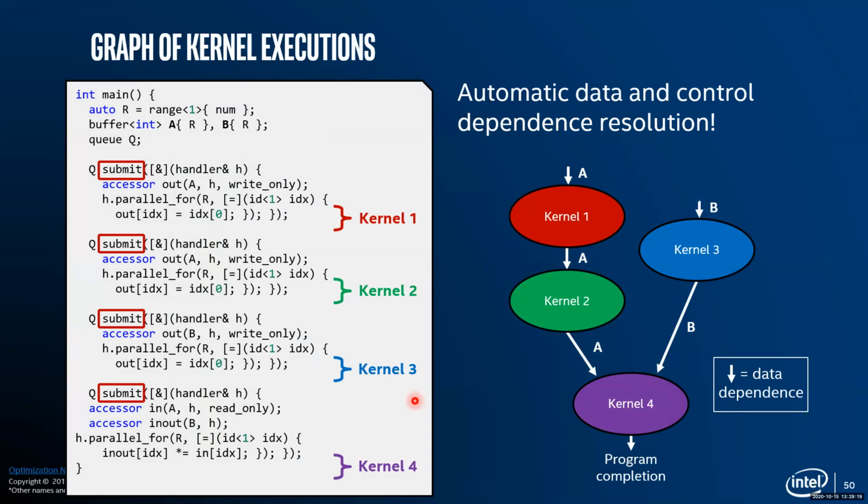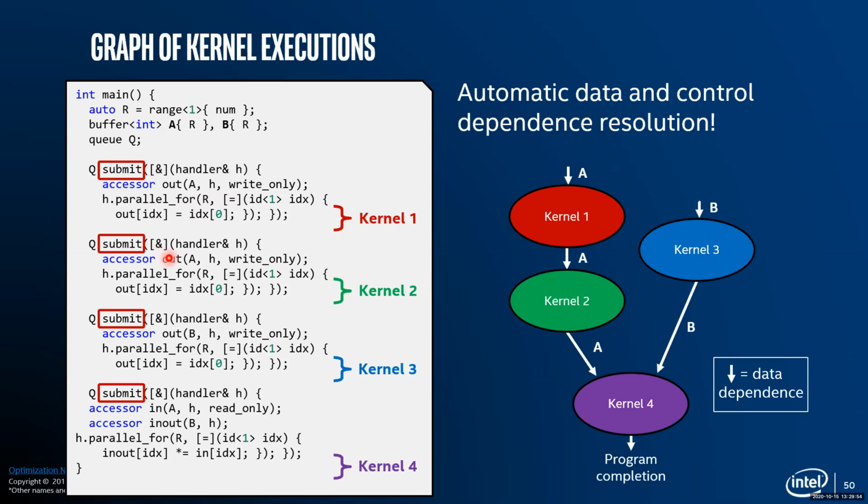This is the same graph that I was talking about, but it gives more details. I have kernel 1, kernel 2, kernel 3, and kernel 4. Kernel 2 is dependent on the finishing of kernel 1. It's accessing the same data A, right? And kernel 4 is dependent on the finishing of kernels 1, 2 and 3, so it requires data from A and B. The same code is laid out here. I've got a queue.submit, right?